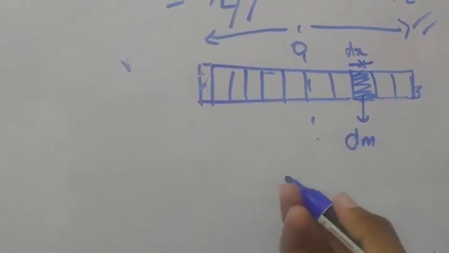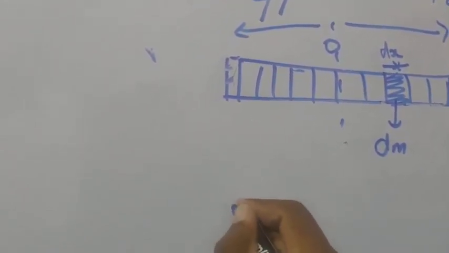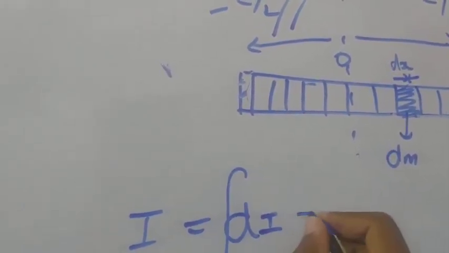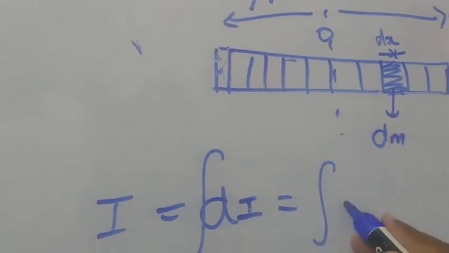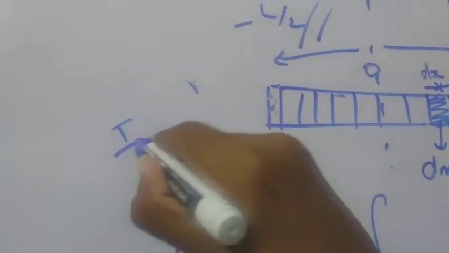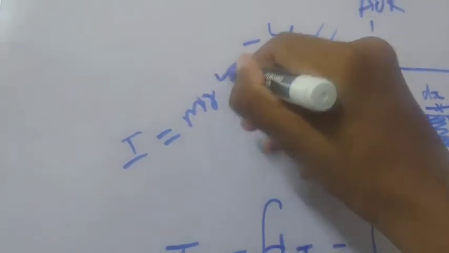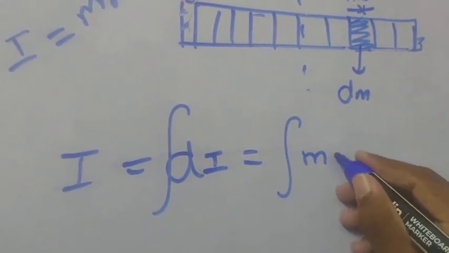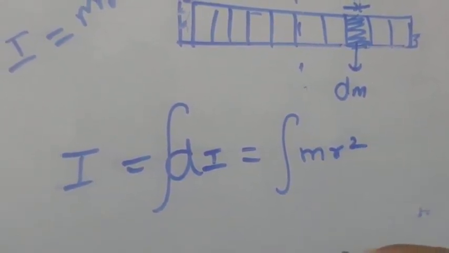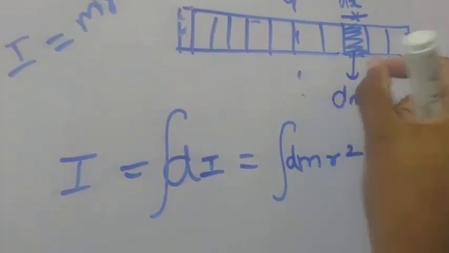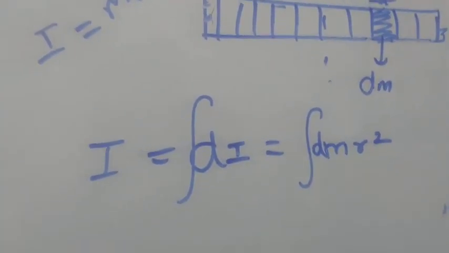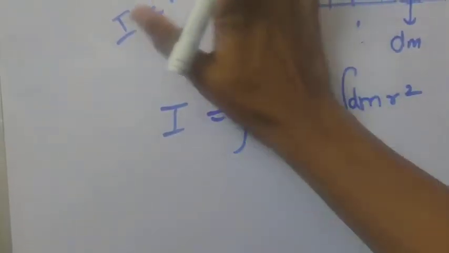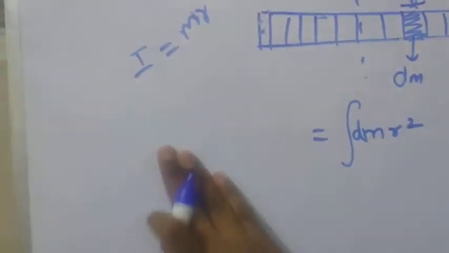So what should we do to integrate? dI, which is the small moment of inertia, is equal to the integration of, what is the formula of moment of inertia? Moment of inertia is nothing but m r square. So here it will be the integration of the small mass, dm r square.